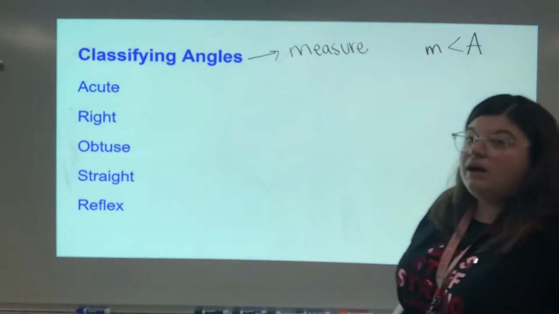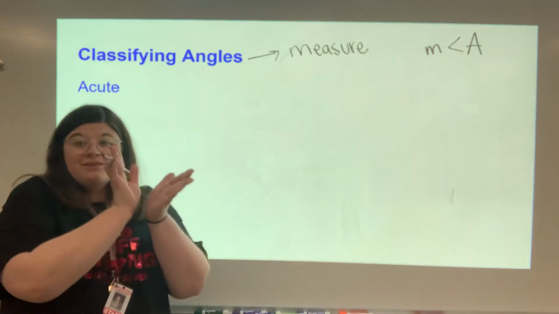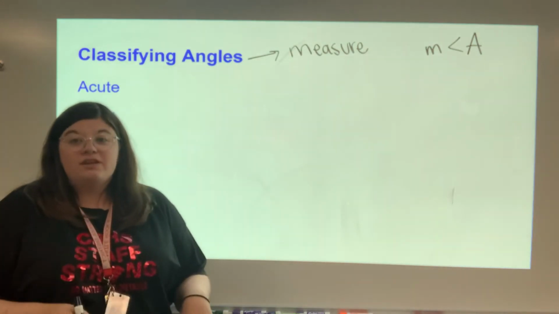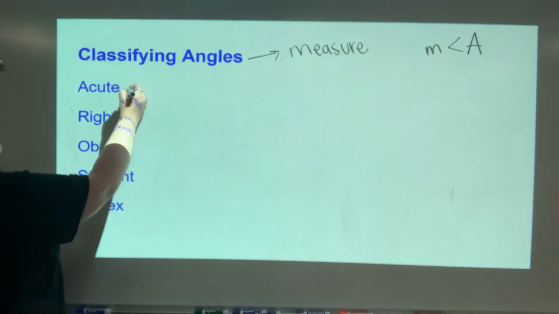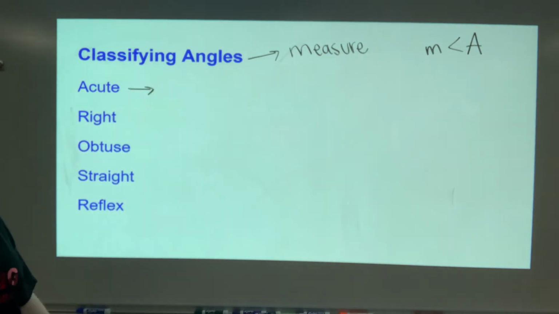So acute angles, they're small, they're smaller than 90 degrees, all right? So for acute, I'm just gonna use angle A. You could use angle P, angle R, whatever you want.